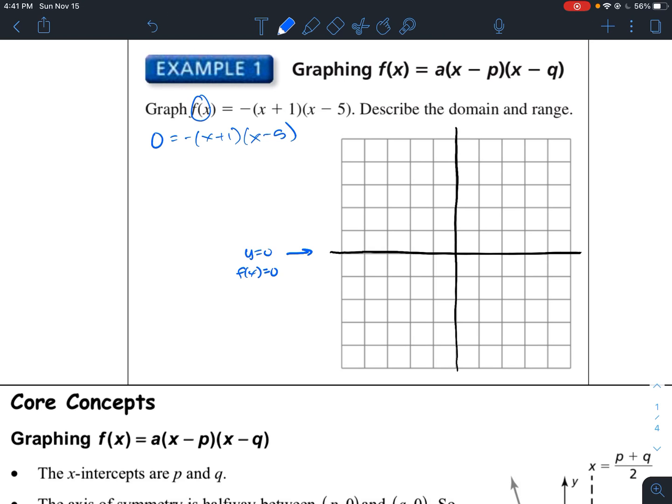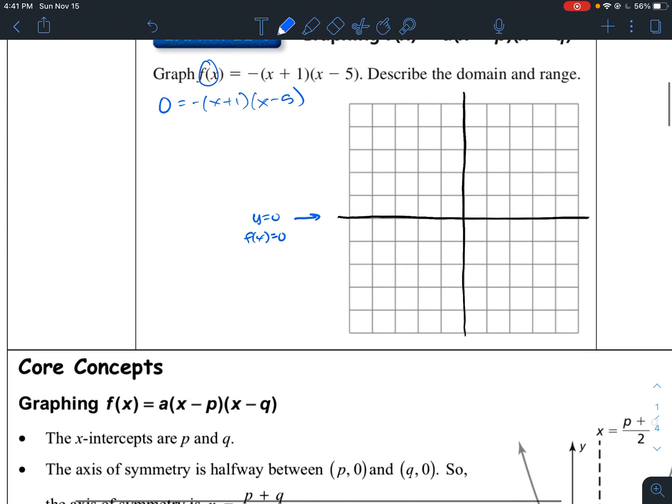And then according to the zero product property, if x plus 1 times x minus 5 is 0, then that means either this or this is equal to 0. So we know that x plus 1 can be 0, or x minus 5 can be 0.